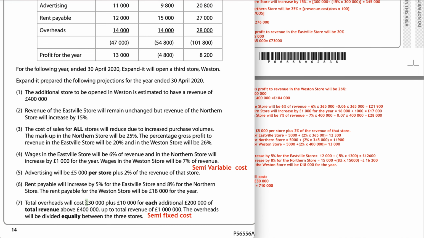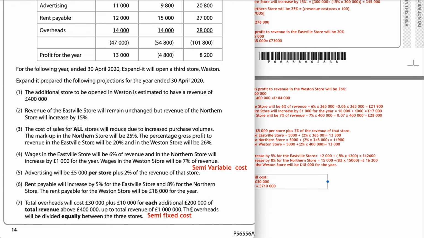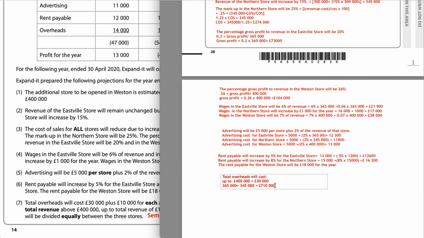And we will have to understand how many 200,000s there are, because it's for every 200,000 increase.